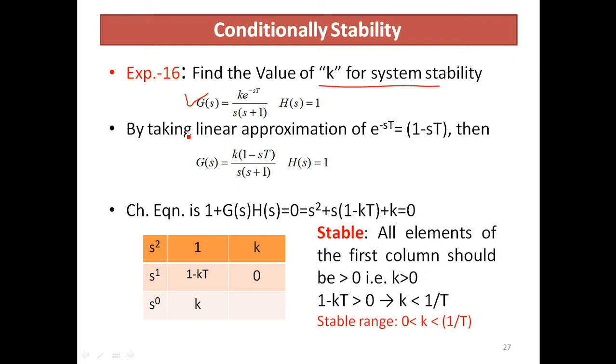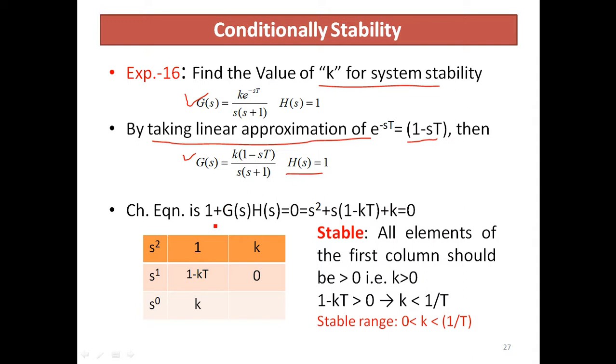Now, initially you have to take the linear approximation of e to the power minus st, which is 1 minus st. Then proceed accordingly. G(s) is equal to k times (1 minus st) over s times (s plus 1), and H(s) equal to 1.